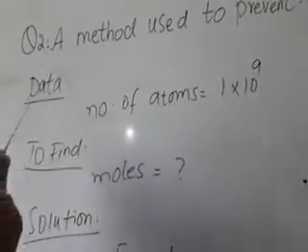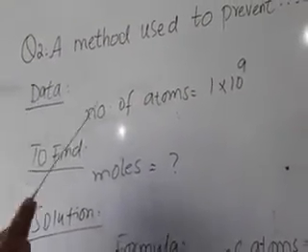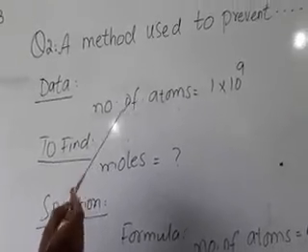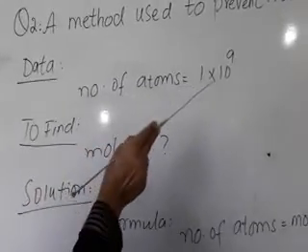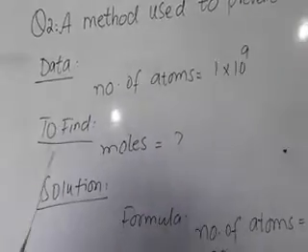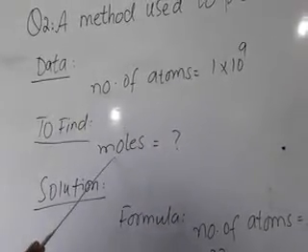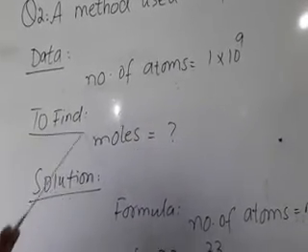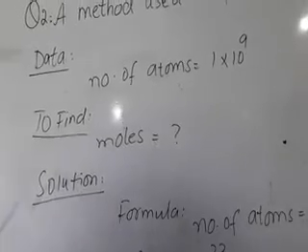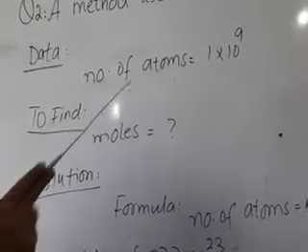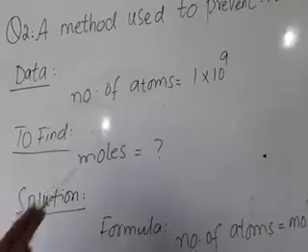So let's move towards the solution. Coming to its data, number of atoms is given. So number of atoms of magnesium is 1 into 10 raised to power 9. The moles are to be calculated. Solution. Now we see that atoms and moles are discussed in the question.